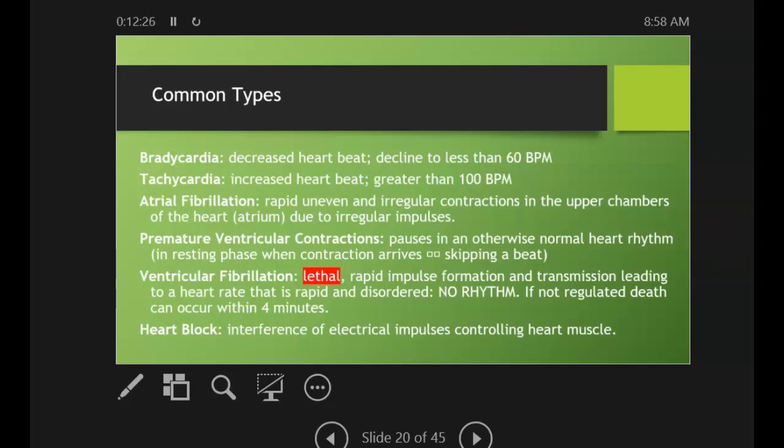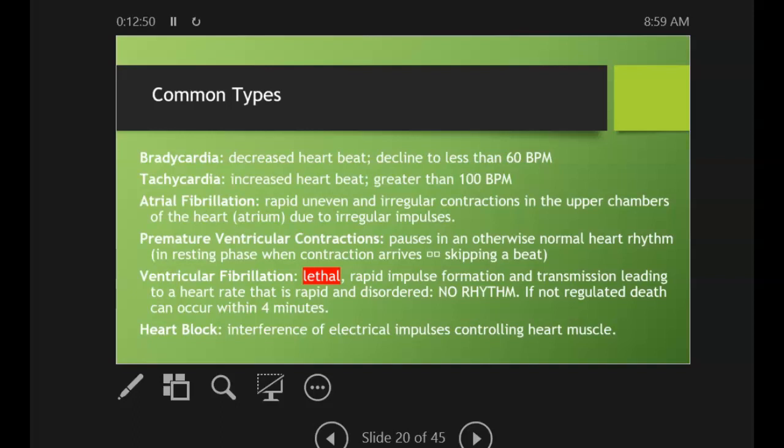And then heart block is a dysrhythmia caused by the blocking of the impulses from the atria to the ventricles at the AV node. It's interference with the electrical impulses controlling the heart muscle. There are 3 degrees of heart block.